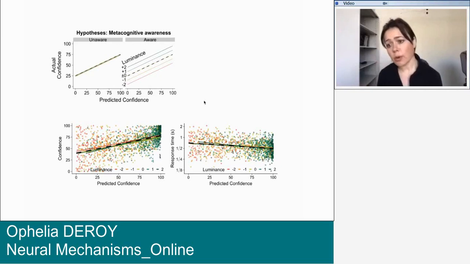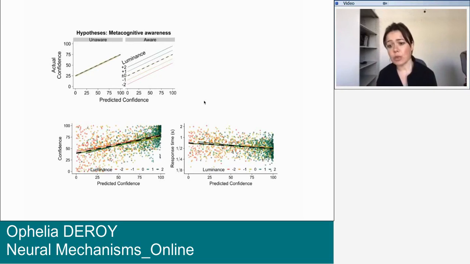What you see on the lower part are both our explicit and implicit measures of awareness. That is, how confident people reported they were, and how fast or slow they were in responding, or hesitant or not hesitant. And you can see that the two present the same collapse of all the conditions.